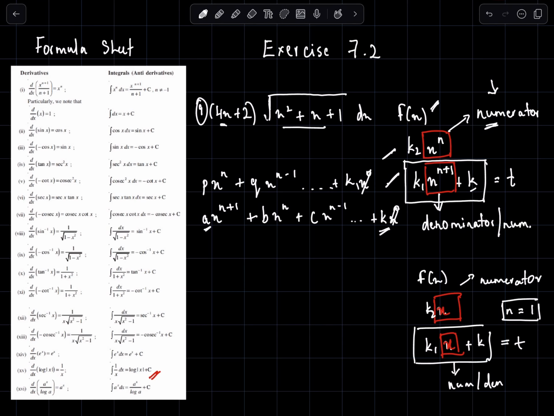So what is my n plus 1 value here? It's 2, right? So if n plus 1 is equal to 2, n is equal to 1. Very simple, right? It's actually the same thing as what we did before, but here we have quadratics.